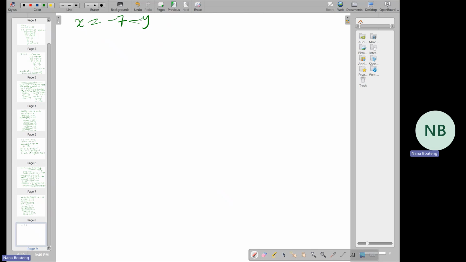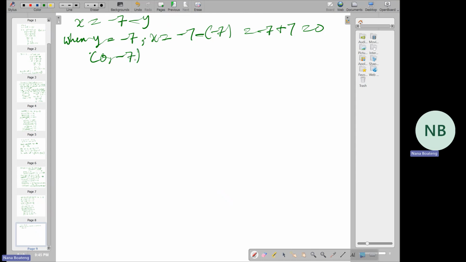All right, so when y is equal to negative 7, x is equal to negative 7 minus negative 7. So this becomes negative 7 plus 7, and this is equal to 0. So we have the point 0 and negative 7.